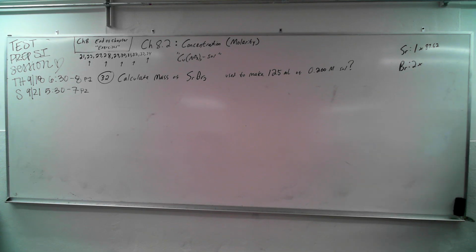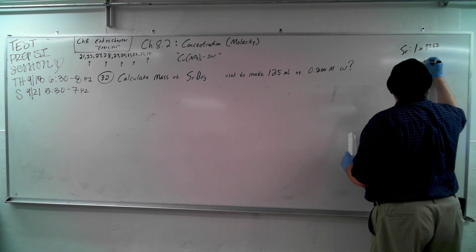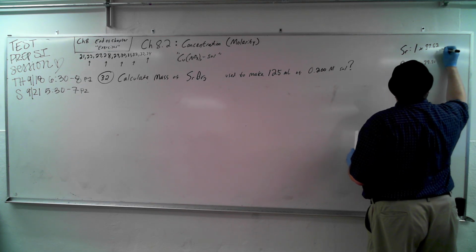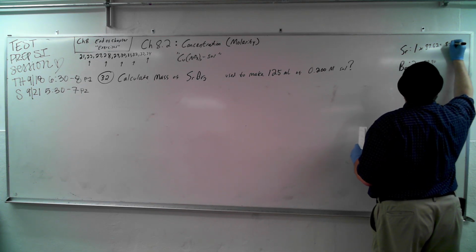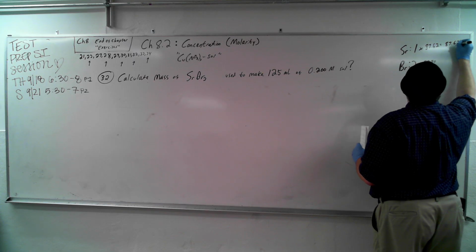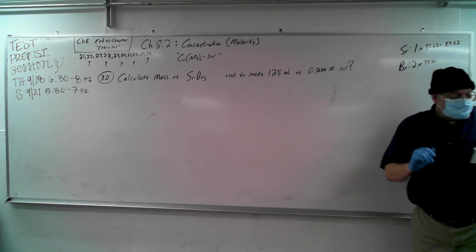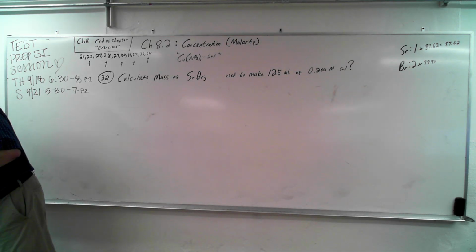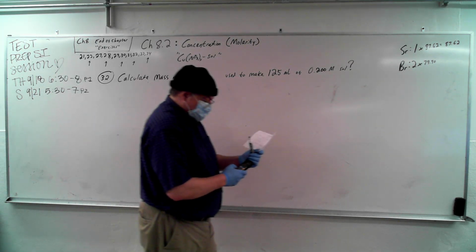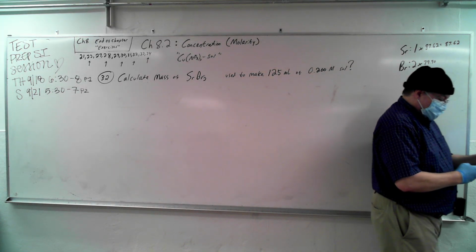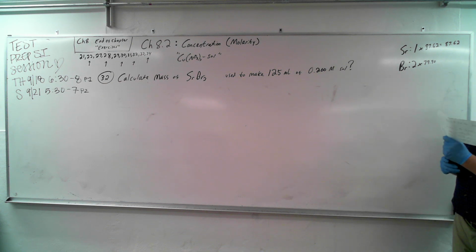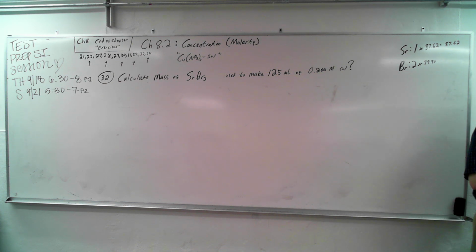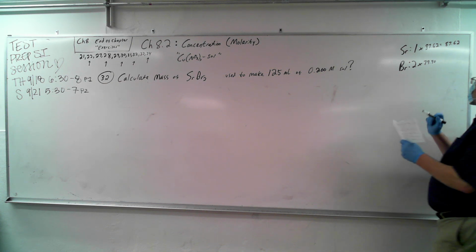And Br over on the right, 79.90. 1 times 87.62 is 87.62. 2 times 79.90 is 159.8.